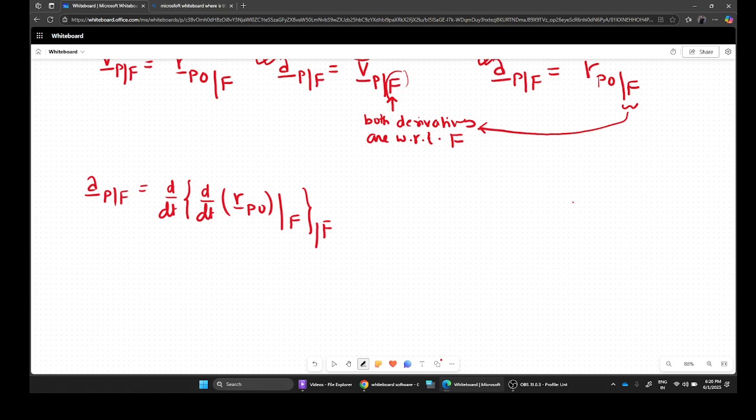To avoid confusions, I want to present a scenario in which I have two reference frames. Say one is F, the other is G. Suppose both the observers from these two frames are observing the same particle P. They have their own origins fixed to their own frames.